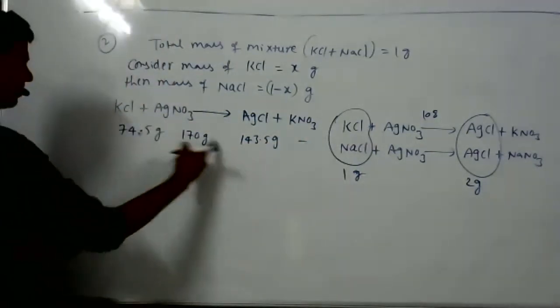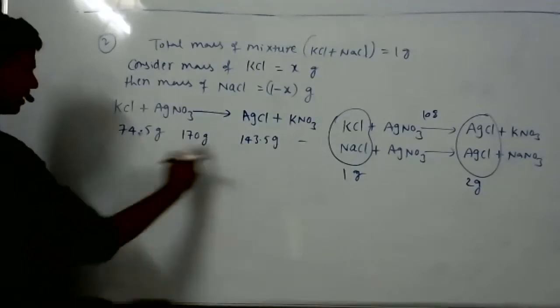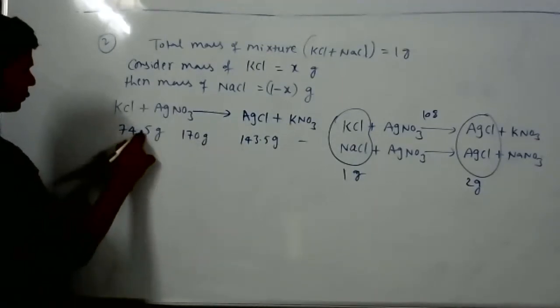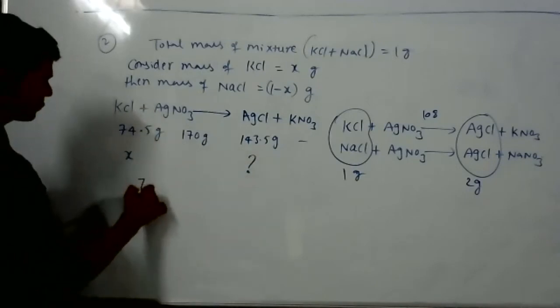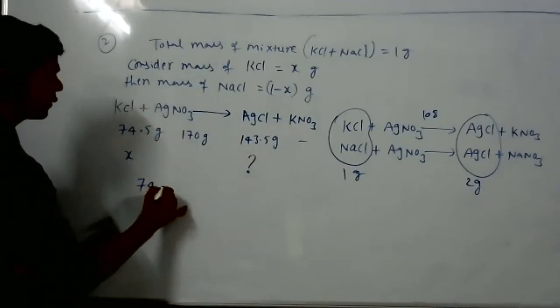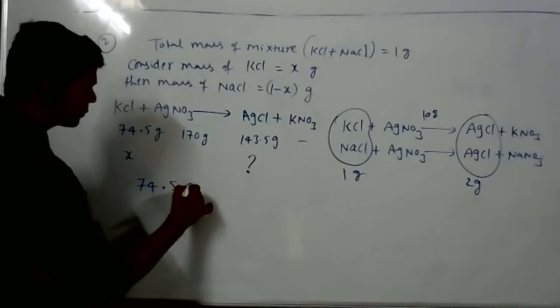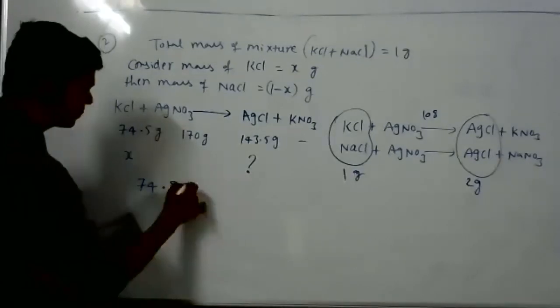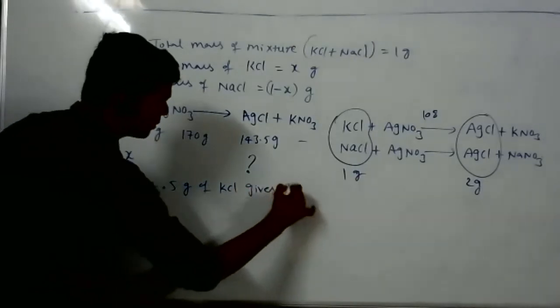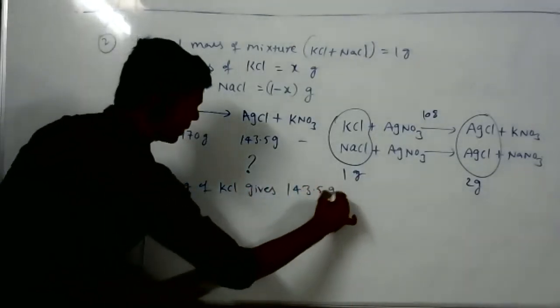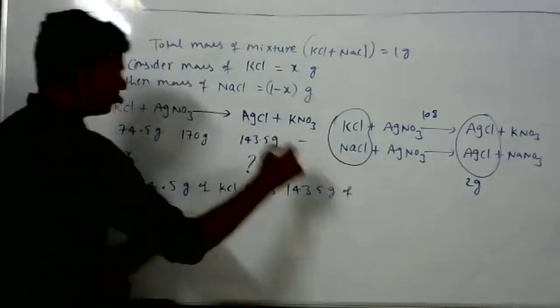Now take the relation. This is only the relationship. Suppose X grams of KCl. 74.5 grams of KCl gives 143.5 grams of AgCl.